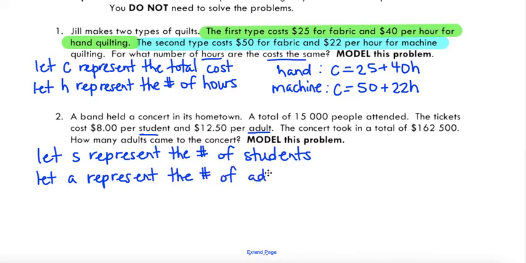So this would be an example of a single scenario, and we have different conditions that are going to be happening in order for us to make our equations.